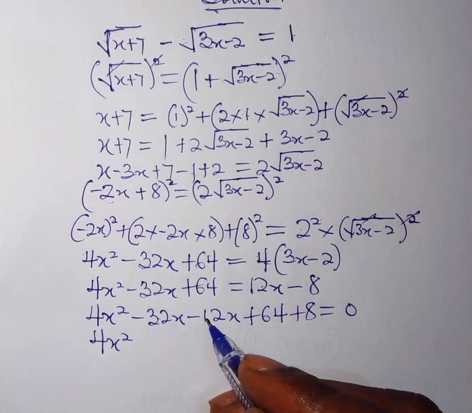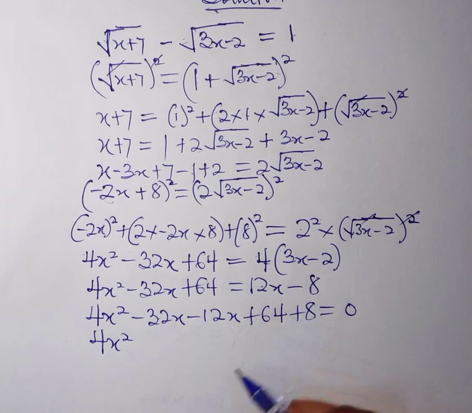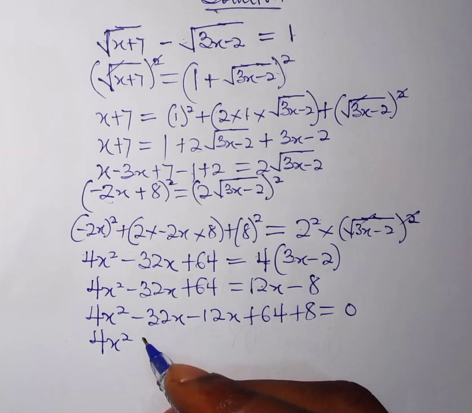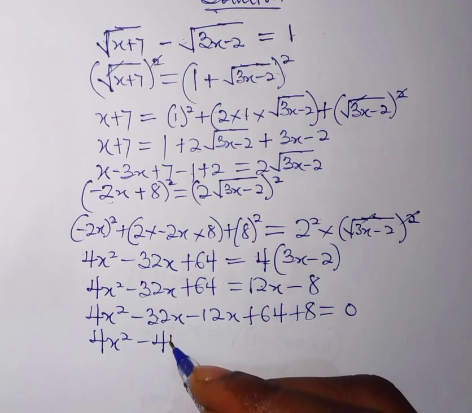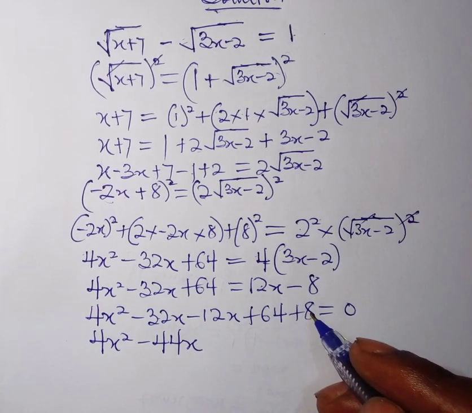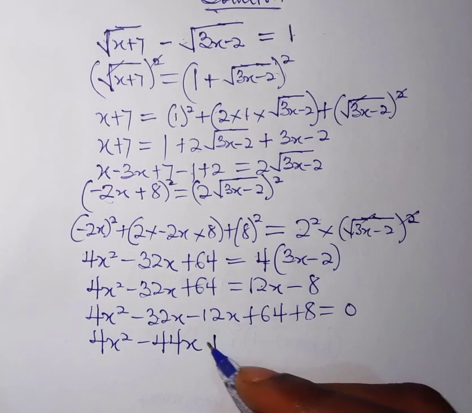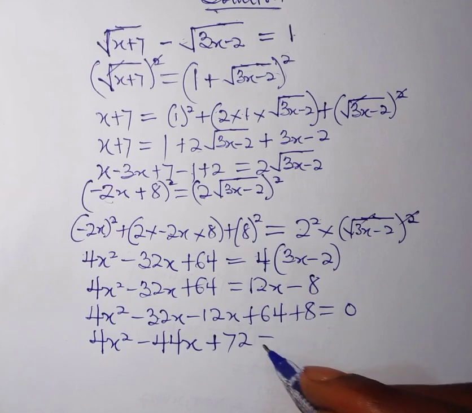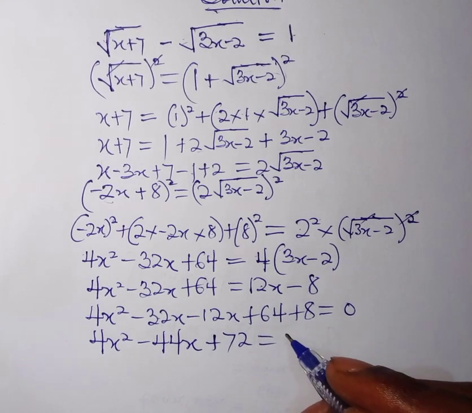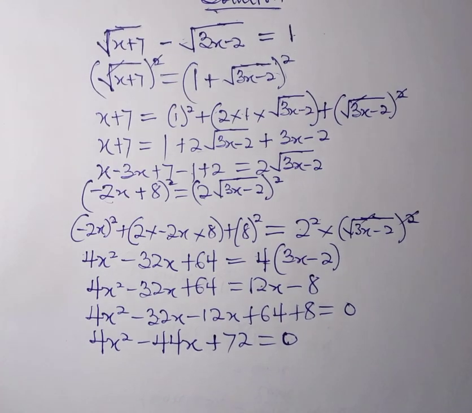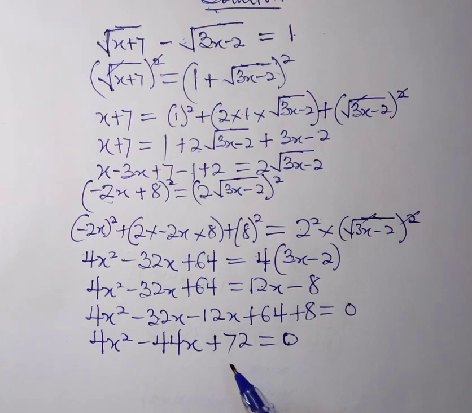Now 32 plus 12 will give me what? Is it 44? So minus 44x, then 64 plus this gives me what? 72, which is equal to what? 0. Now looking at the figure, let's check if we can reduce it small. Okay, good.